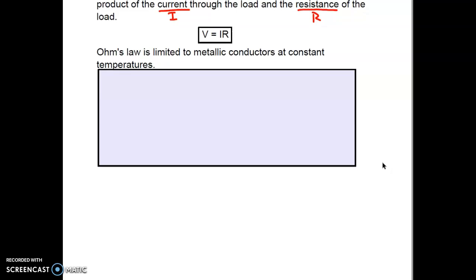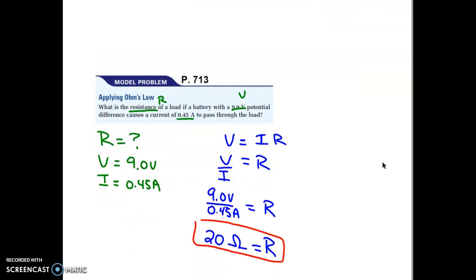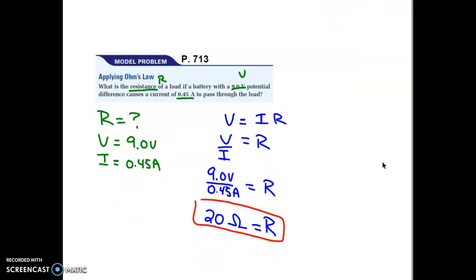So now we're going to use Ohm's Law for some problems. So on page 713, we have this problem. What is the resistance of a load if a battery with a 9 volt potential difference causes a current of 0.45 amperes to pass through the load? Okay, so this question, write out what's given.